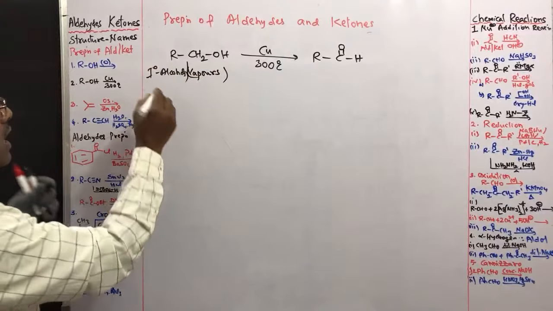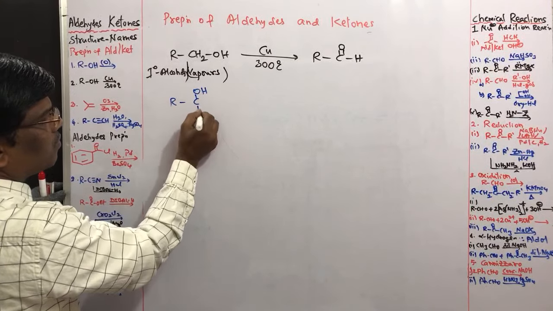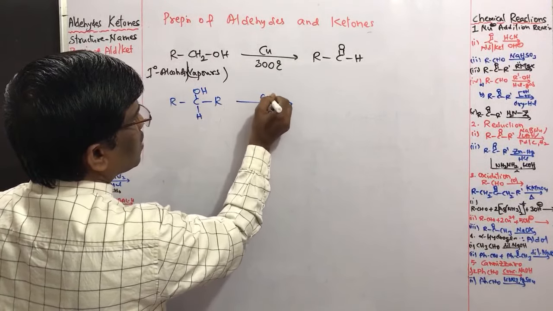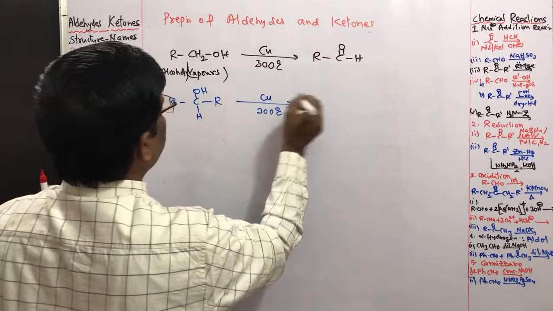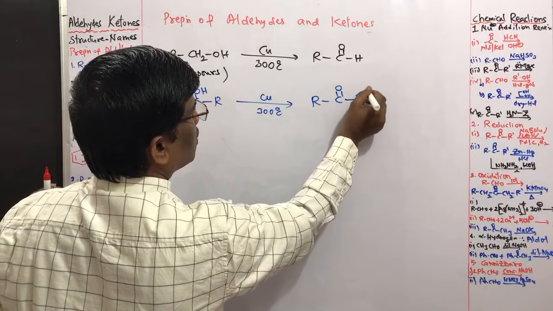If I use secondary alcohols, let us take the same isopropanol, and I pass it through copper, it is going to give a ketone.